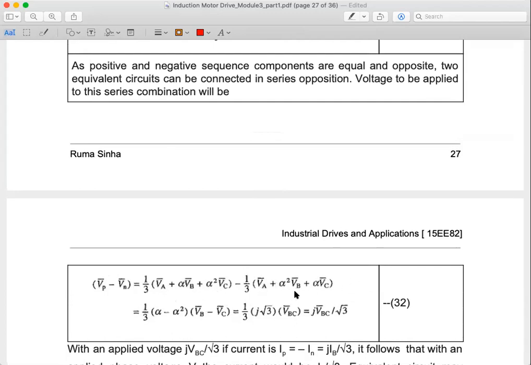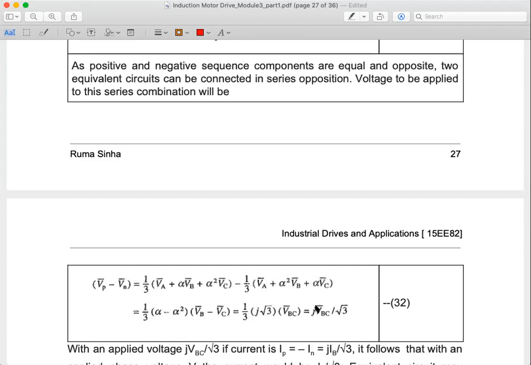Here alpha VB, here alpha square VB. Summing it up, we get 1/3 (alpha minus alpha square) into (VB minus VC). Alpha minus alpha square is j root 3, which we already know. Substituting, we get j VBC by root 3. So this is the overall voltage we apply to this combination.